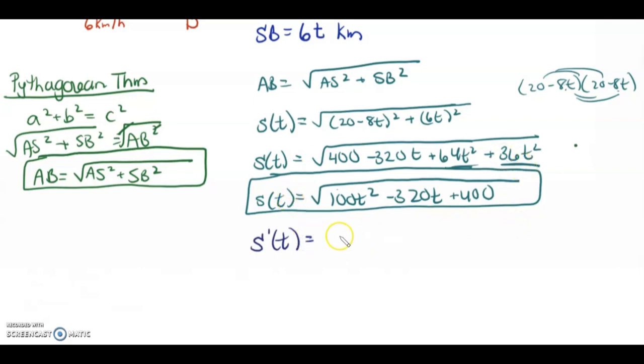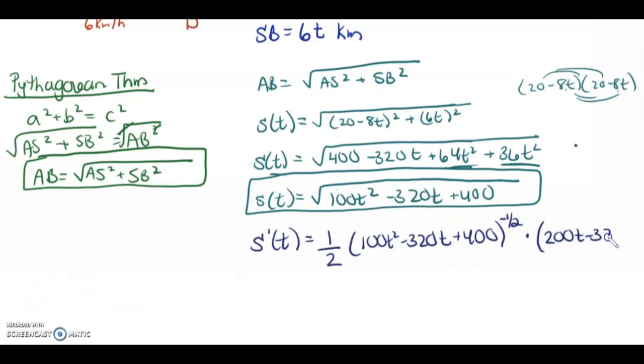So bring the 1/2 down, I get 1/2, and then the bracket 100t squared minus 320t plus 400, because that's what's in the bracket. Because this is the root, that goes to the negative 1/2. Then I have to do the chain rule, so we take the derivative of what's in that bracket. So we get 200t minus 320.